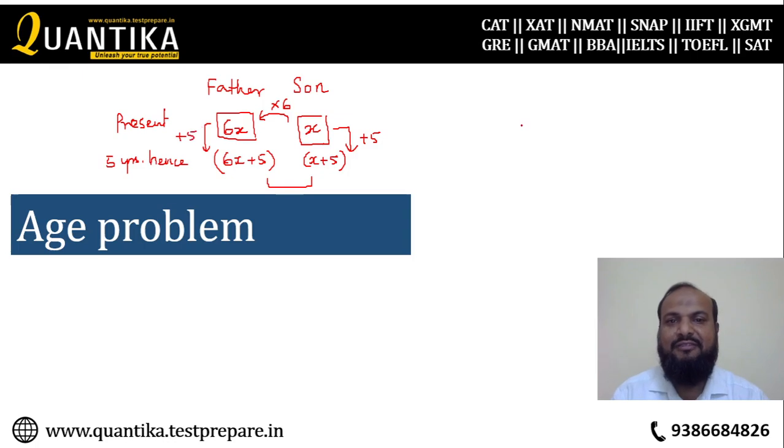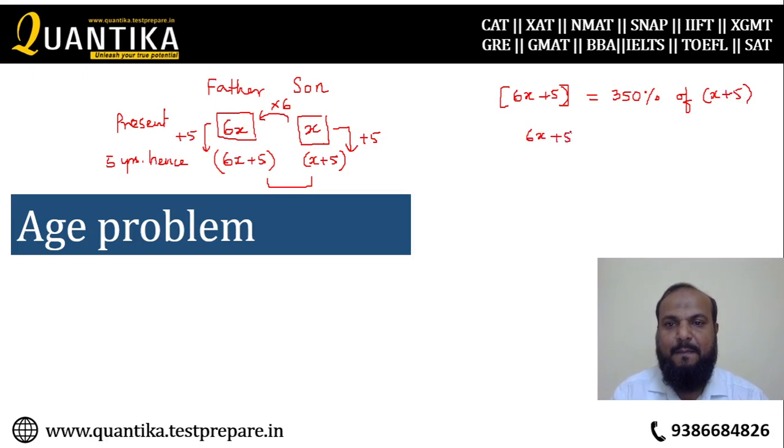Now again they will give that the father's age 5 years down the line is 250% more. That means 350% of the son's age. So this can be solved and we can find the value of x.